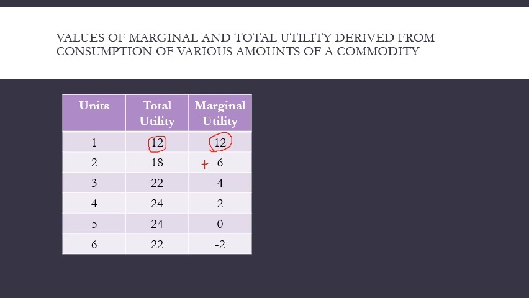At that time you got 22 total utility. So you are eating the third laddu. Will you be happy eating this many laddus? Now you got 22 utility. That means you got 4 utils increase. And I'm again giving you the fourth laddu. At that time you got 24 total utility.